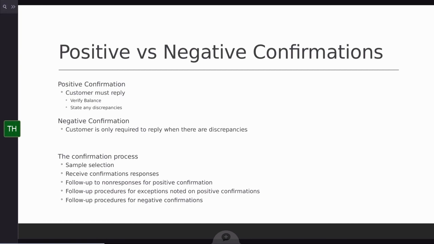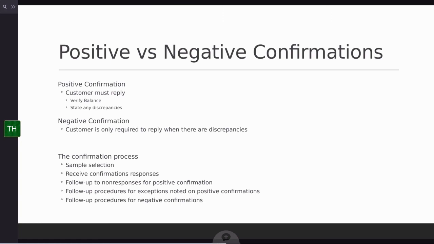And that's why sometimes people will use negative confirmations, which basically says, hey, here's our balance, and if you don't agree with it, let us know. So obviously they don't have to send anything in that particular situation. Either case is important to understand: you may really want a positive confirmation, or you may not be as concerned about accounts receivable. Maybe the risks are lower, so a negative confirmation is fine.